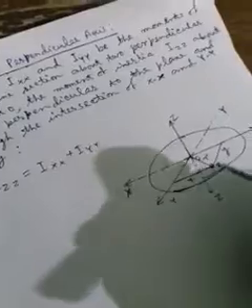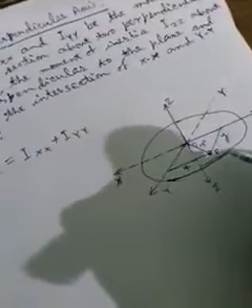So the z axis is perpendicular to the plane. Now let P be a small lamina, that is a small part of the total area, whose area is dA.